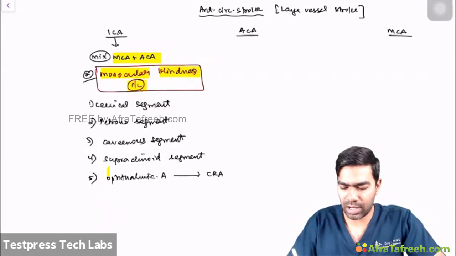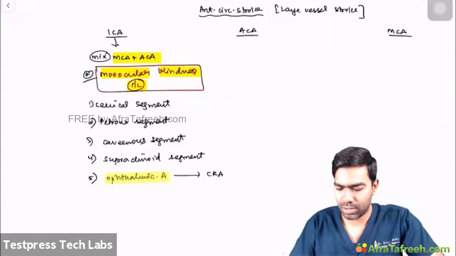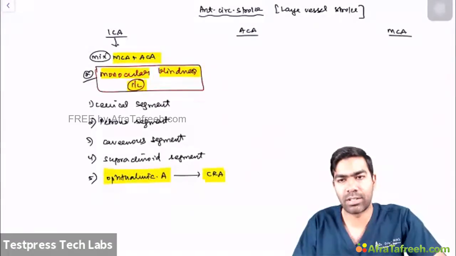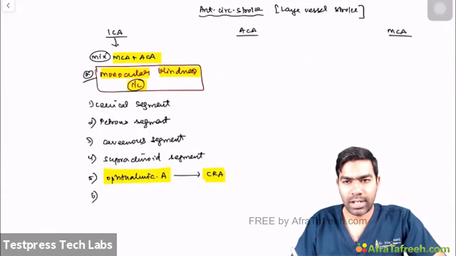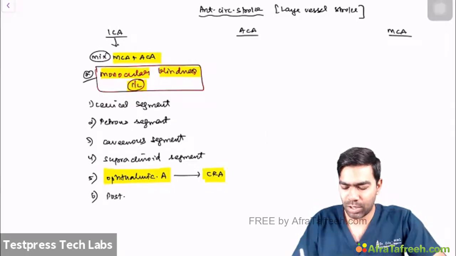And this is our artery of concern, because in ICA territory stroke, the ophthalmic artery involvement is the one that is going to cause this kind of blindness, that is amaurosis fugax, producing a central retinal artery occlusion kind of picture. And finally, it gives rise to something called the posterior communicating artery.